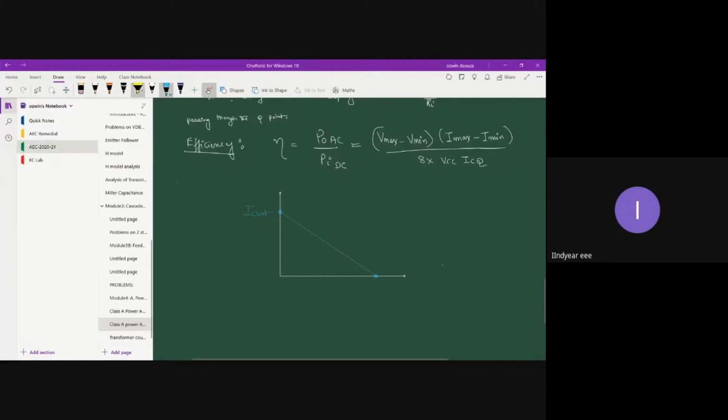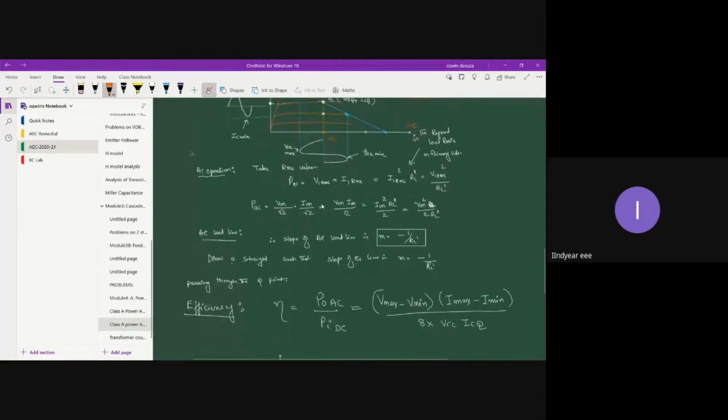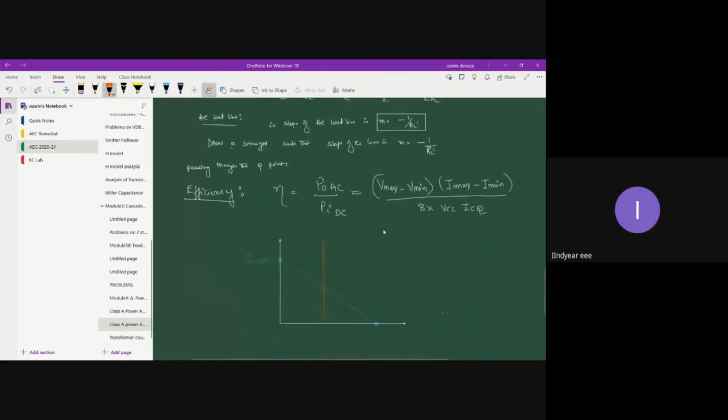And there was a DC load line, which was drawn parallel to the Y-axis, if you remember. The orange line you can see was your DC load line, because the transformer inductance for the flow of DC current is 0, hence you will get very high current.